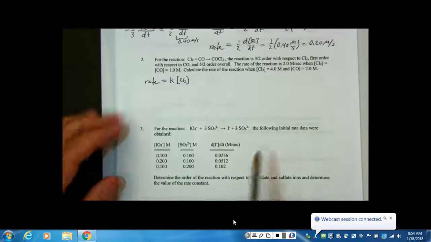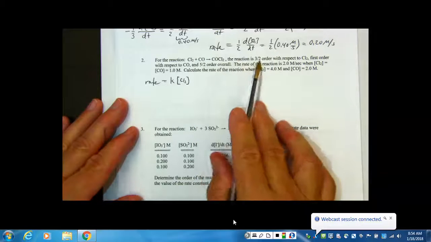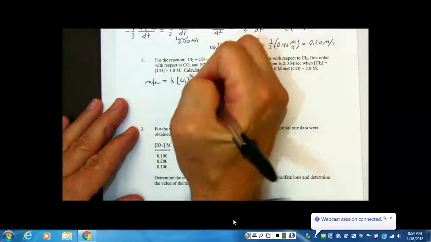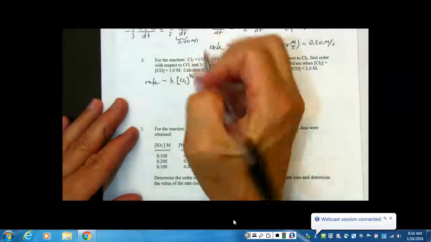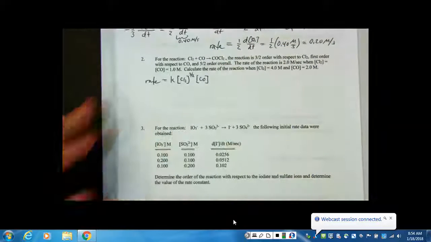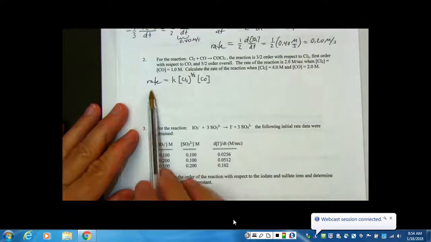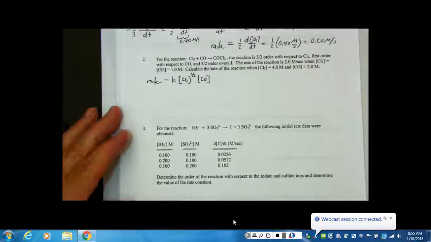Now is that to the X power? 5 halves, or 3 halves. It's 3/2. We're told that the order is 3/2. So it's 3/2 for chlorine. And you can put a 1 there if you want, but normally when it's 1, we just leave it as that. So that's carbon monoxide to the first power. So the statement of the problem gives us the rate law.